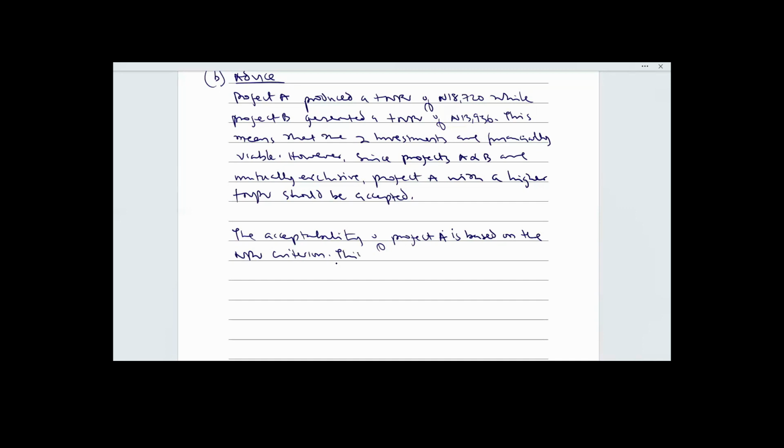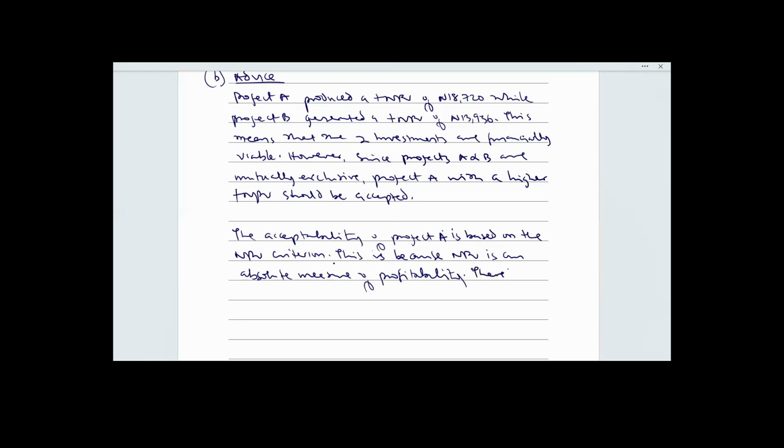This is because net present value is an absolute measure of profitability.